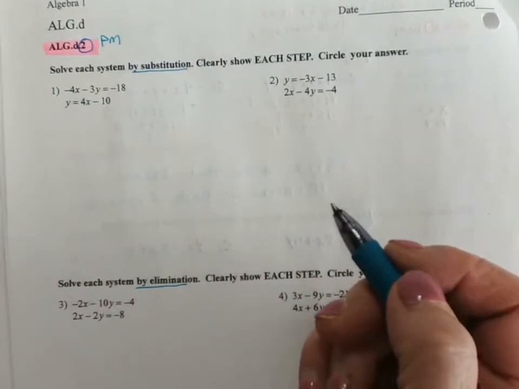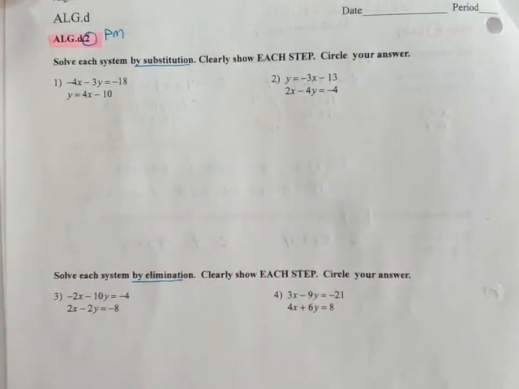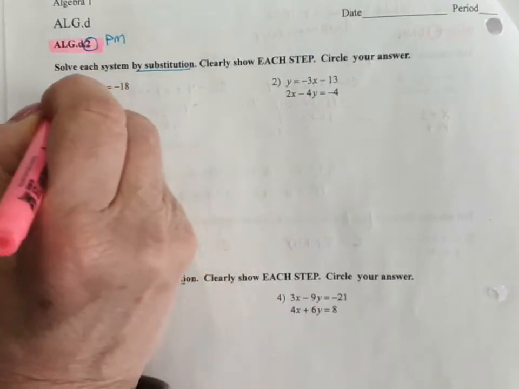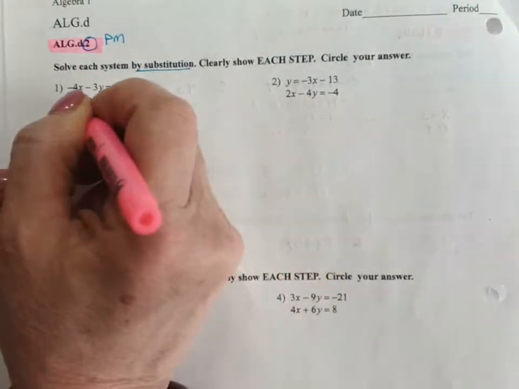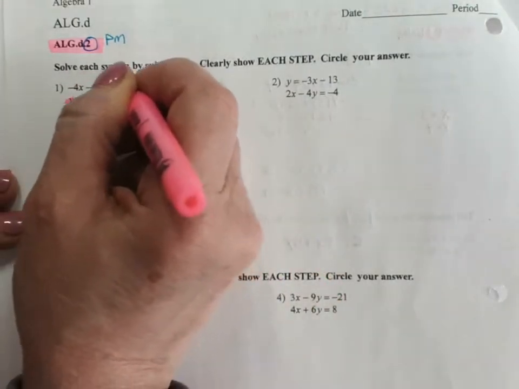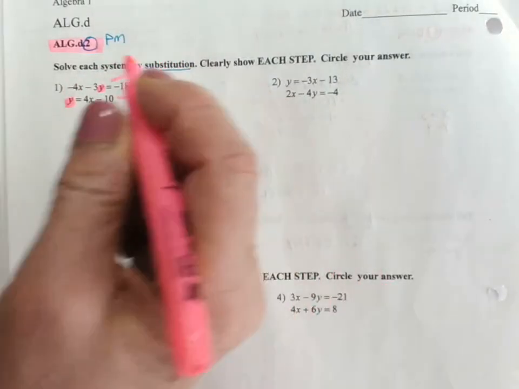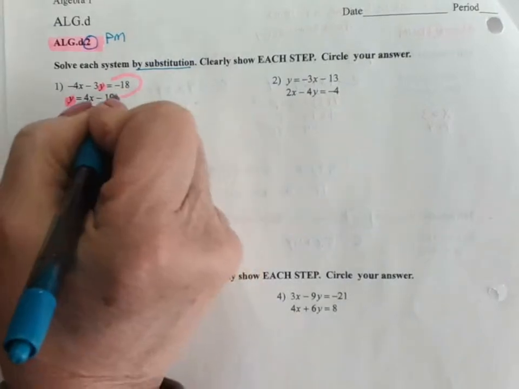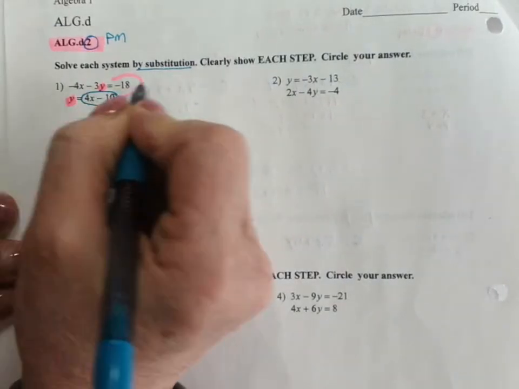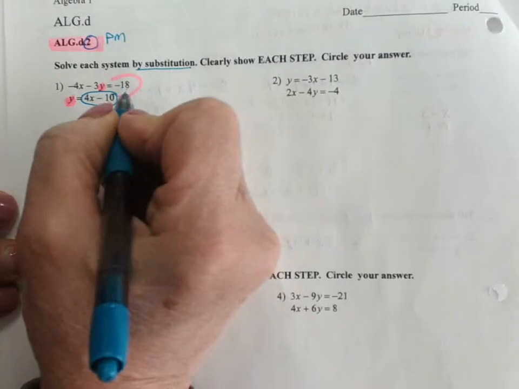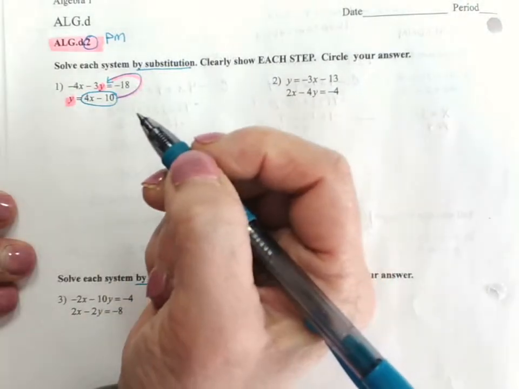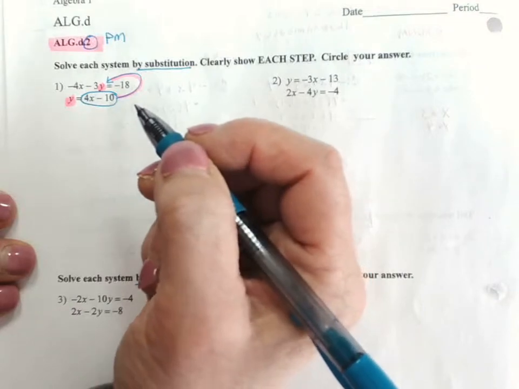So the substitution method means that we take this y and replace it. 4x minus 10 is going to get substituted into this equation for y.